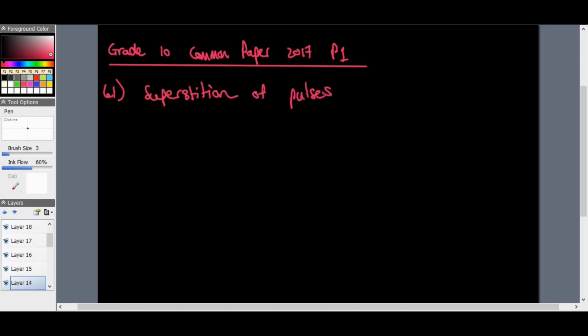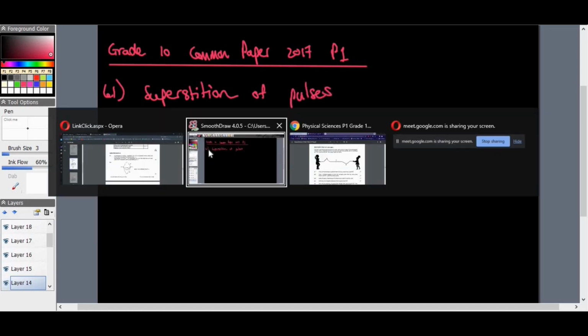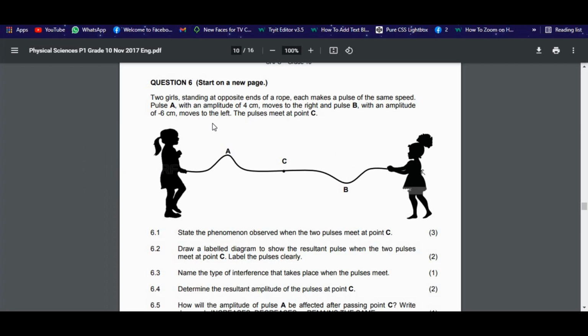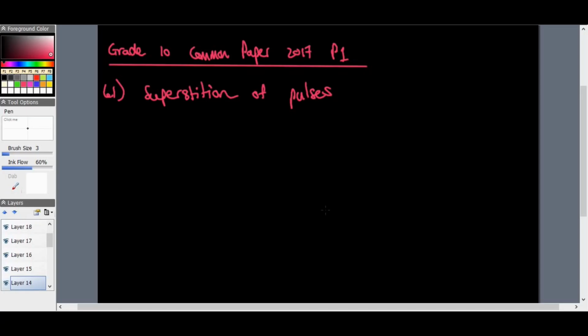Let me just read the question again. State. It's got 3 marks, so we have to explain a little bit. It's called the superposition of pulses.